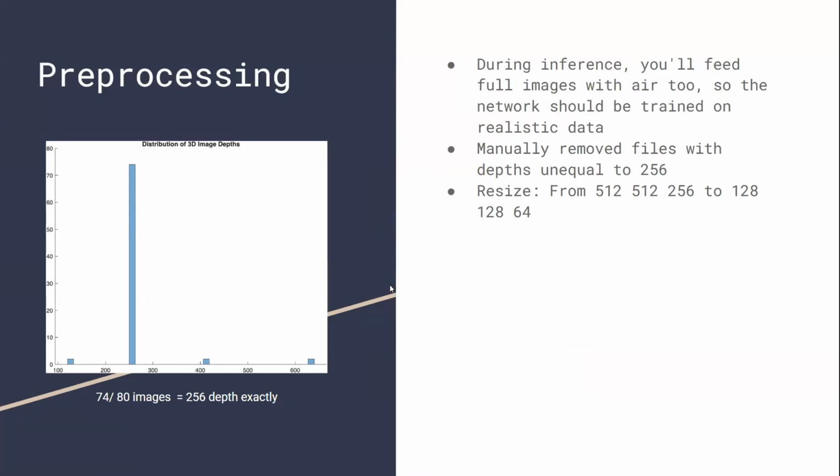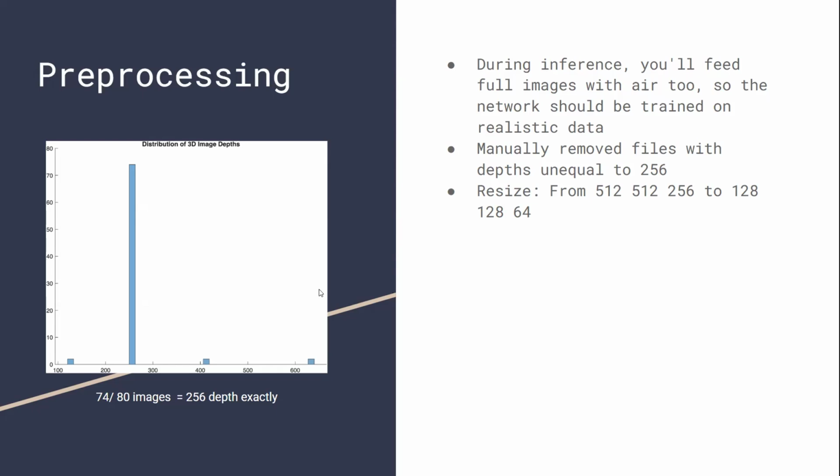During inference, you feed full images with air too, just as real world images have not only the cardiac system, but also background artifacts such as air or other things. So we tried to replicate this as accurately as possible, and we manually removed files with depths unequal to 256.